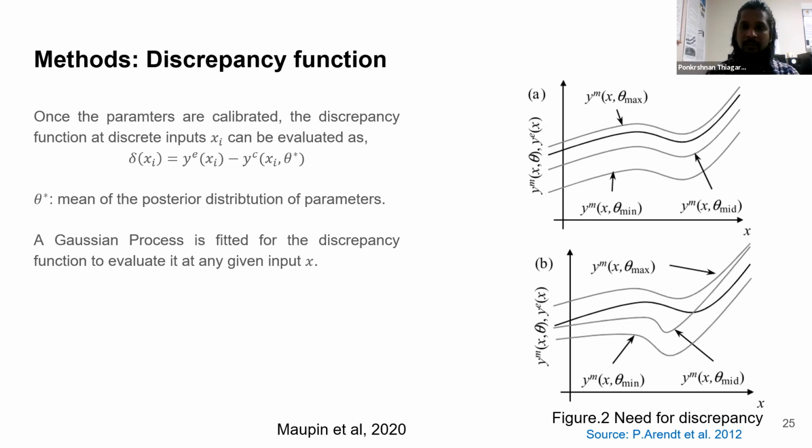If our computational model behaves in the way shown in figure A, then we do not need a discrepancy function, because as we correctly calibrate the parameters theta, we'll be able to move the gray lines up and down and fit the experimental curve properly. But if our computational model behaves in the way shown in figure B, then we'll need a discrepancy function to properly fit the experimental response. Next.